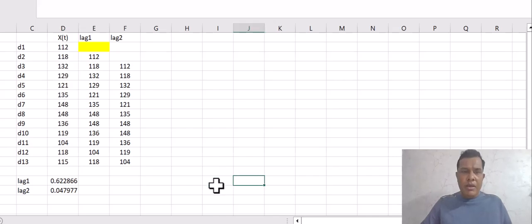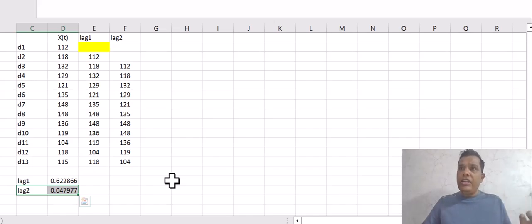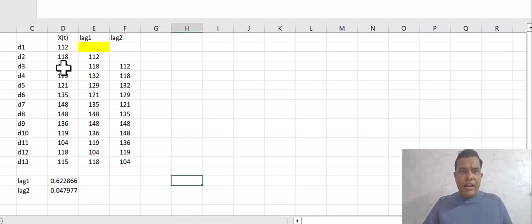I don't need to look it up because the correlation itself is almost 0. If there is no correlation with the t minus 2 day, then why do I need to look into that data? So to predict the values for the next day, only the previous day is enough in this time series.